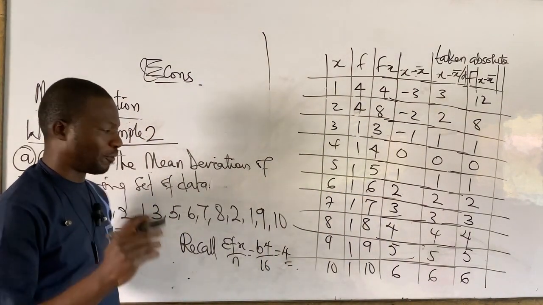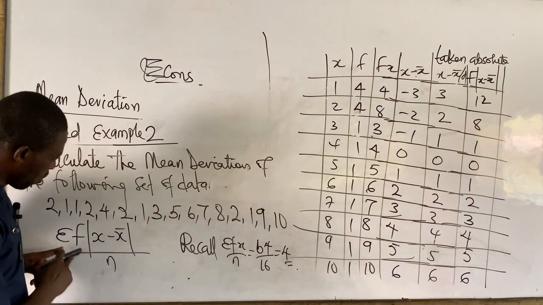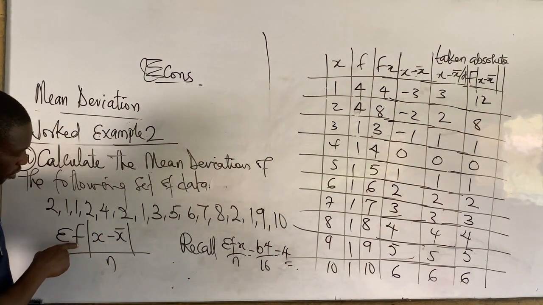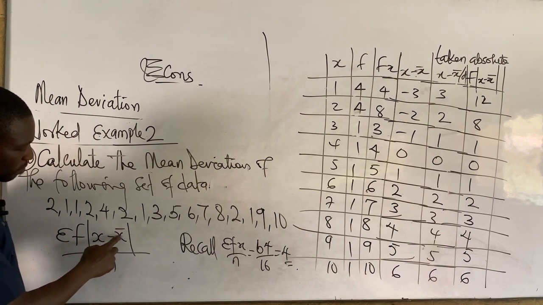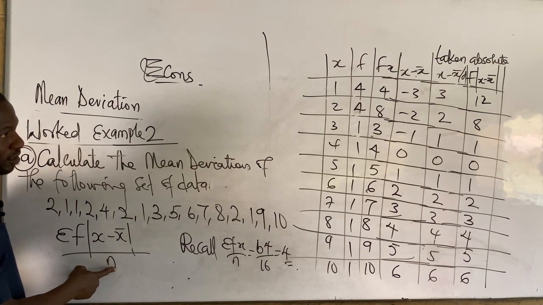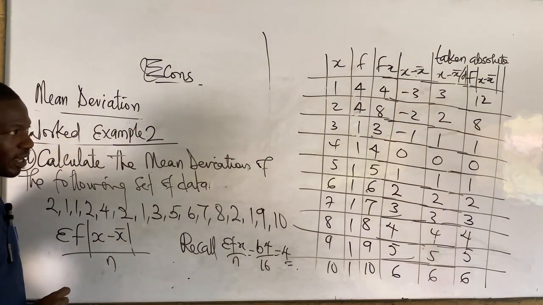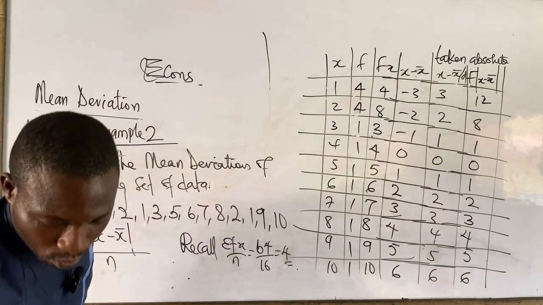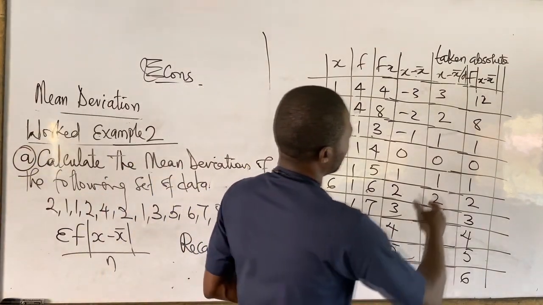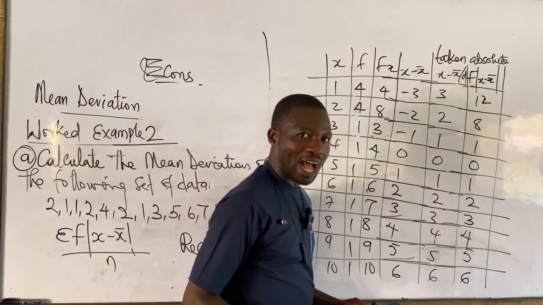If you pay attention vividly, you will understand that what we are really looking for is summation f times the modulus of x minus bar x, all over n. So to get it, the next thing we need to do is to sum it up, which is our summation. So let's quickly sum it up there. We can easily carry our calculator also, checking to see that we are accurate.